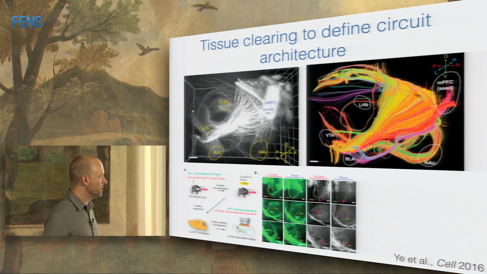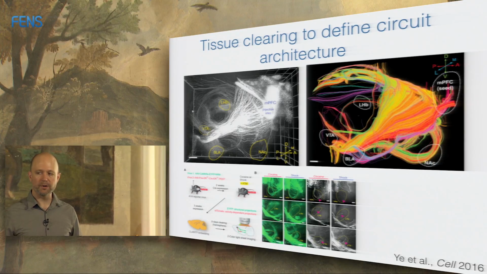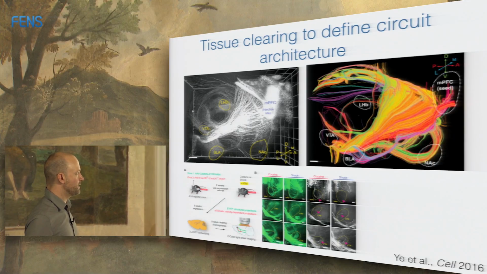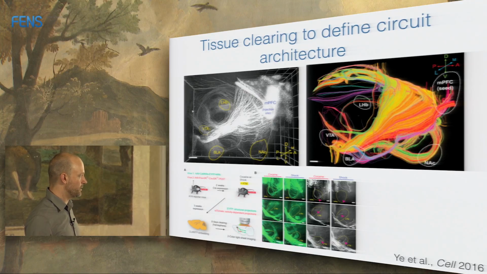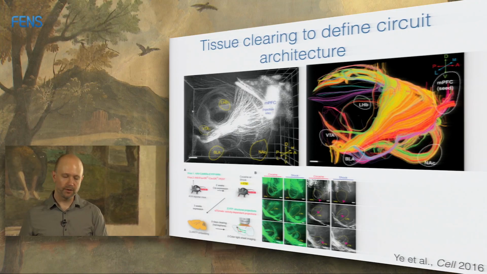So they had an animal that would express fluorescent protein only in cells that are expressing c-Fos. c-Fos is an immediate early gene, an indirect marker of neural activity, and they used this to label cells that would be activated following either foot shock treatment or cocaine exposure in different groups of animals, and allow them to map where those cells that were activated by those different stimuli were projecting. This allows you to compare the differences between, say, those shock-activated cells versus cocaine-activated cells.